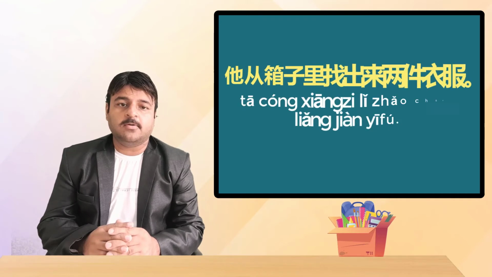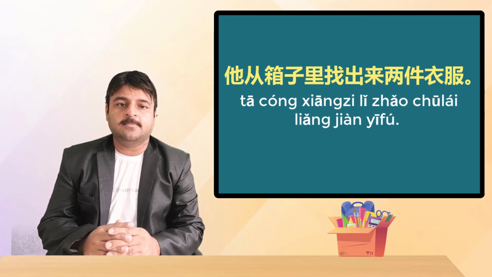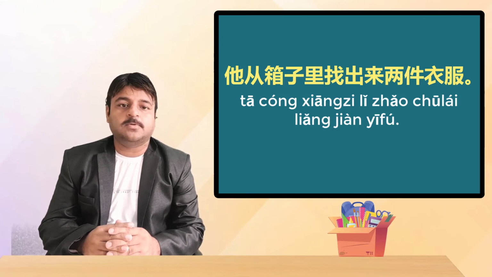Moving on to the next substitution drill. Ta song xiangzi li zhao chu lai liang jian yifu. Song, from. Xiangzi, suitcase or a box. Zhao chu, zhao is to look for or find. Liang jian yifu, two pieces of clothes.